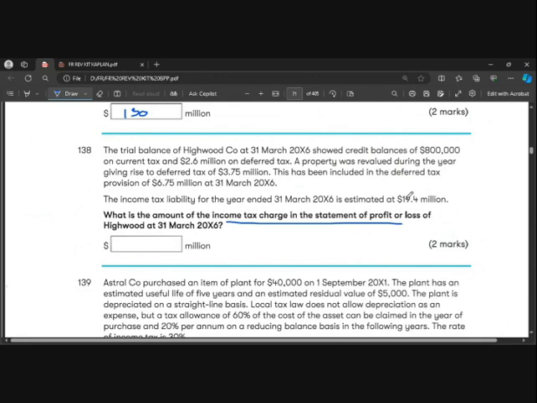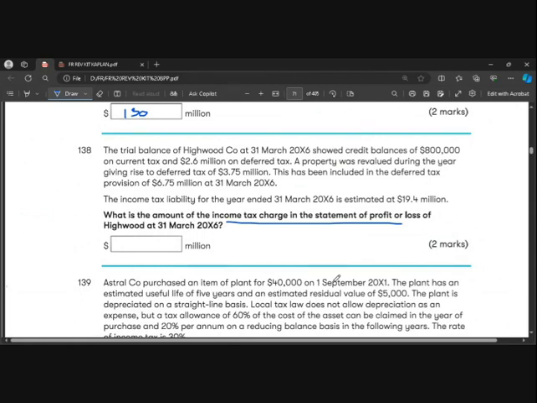19.3. 19.3. There is something extra there. Wait, what's the current year estimate? Current year. Current year estimate is, I don't know.